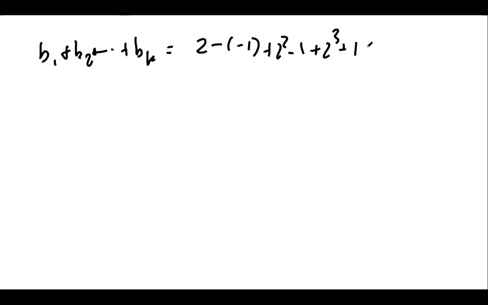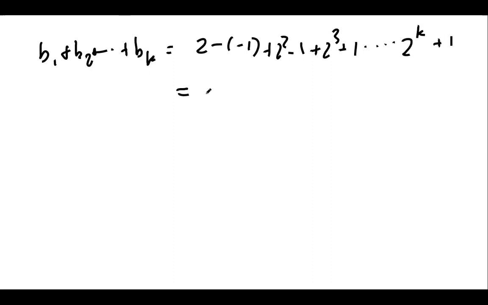The same sum would have, once again, 2 minus negative 1, plus 2 squared minus 1, plus 2 cubed plus 1. But this time it would end on a 2 to the k plus 1.